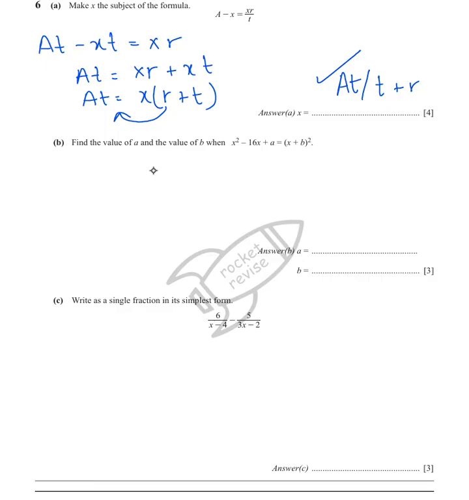Find the value of a and the value of b when x squared minus 16x plus a equals x plus b whole square. How do we solve this one? Okay, let's do one thing. Let's expand this bracket first. Can we write x plus b whole squared as x plus b into x plus b?